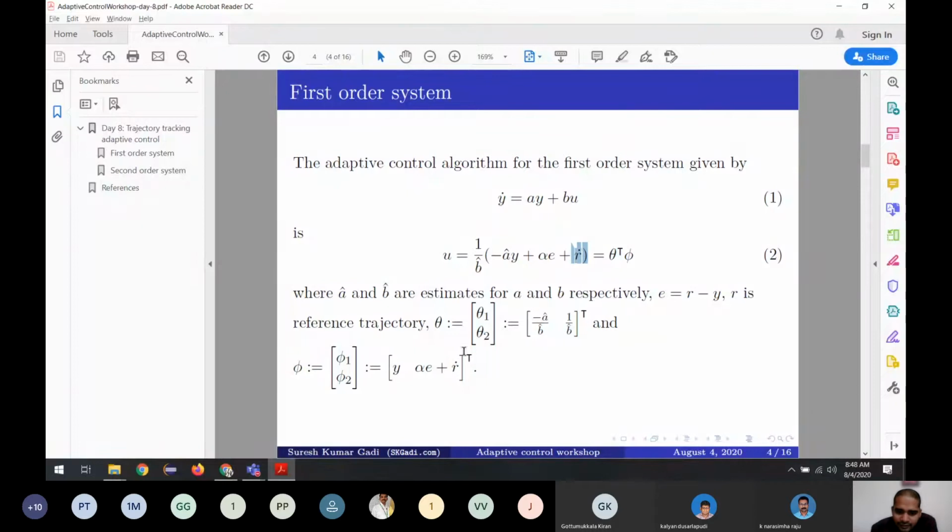Phi is y, and alpha e plus r dot. So if you multiply theta times phi, what do we get? We multiply y times this one, so we get this term, and we get this times this, which gives this term. So we are writing it in this matricial form. Okay. So let us apply this control algorithm and see how it works.